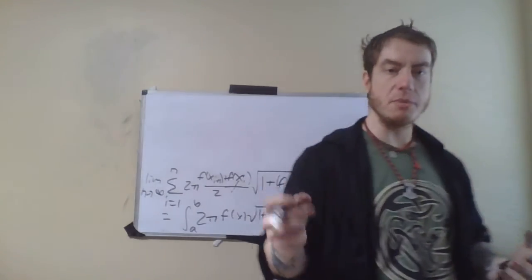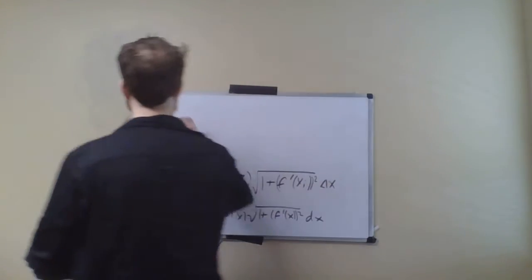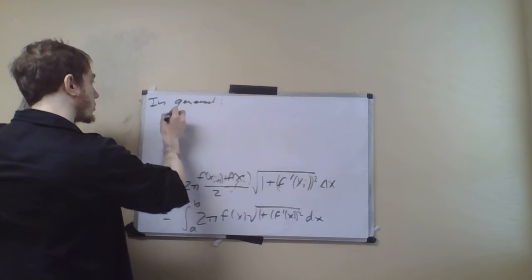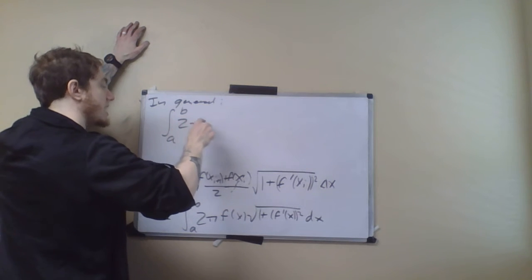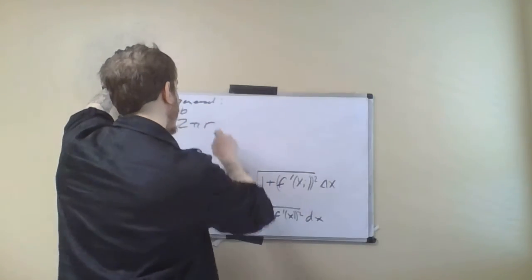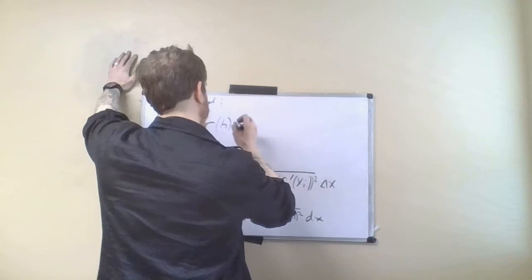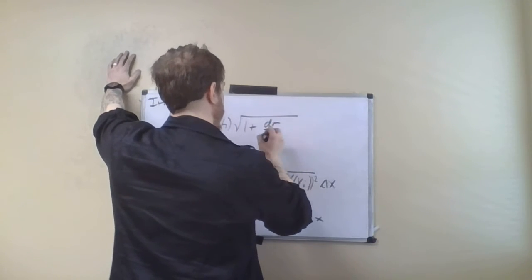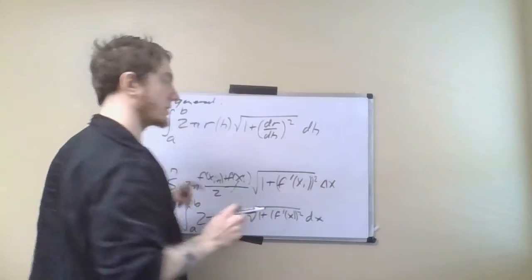So if I were maybe rotating this thing around a curve other than the x-axis, I could say, in general, we're doing the integral from a up to b of 2 pi times the radius as a function of our height along this thing times the square root of 1 plus dr over dh squared integrated along the height.